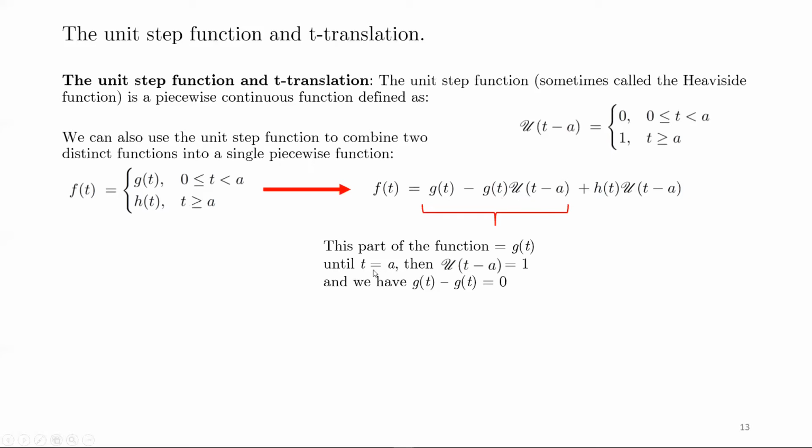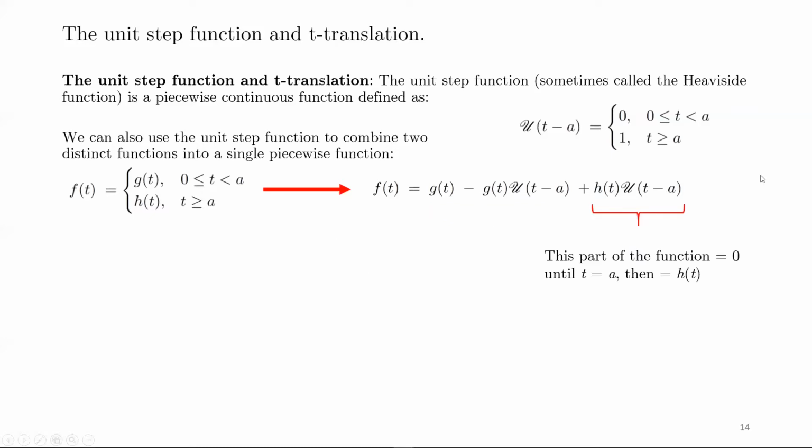until t equals a, so for t less than a, this term here is 0, right? Because the Heaviside function, or the unit step function, is 0 there. So I just get g of t. Then when t is greater than or equal to a, this Heaviside function is equal to 1. So I get g of t minus g of t, which is 0.